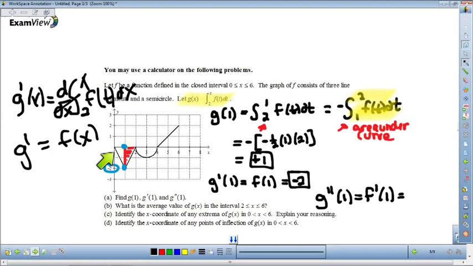One of the things that you should notice is that from the left, my curve is negative. From the right, my curve is positive. So my derivative is not going to exist. So g double prime does not exist.